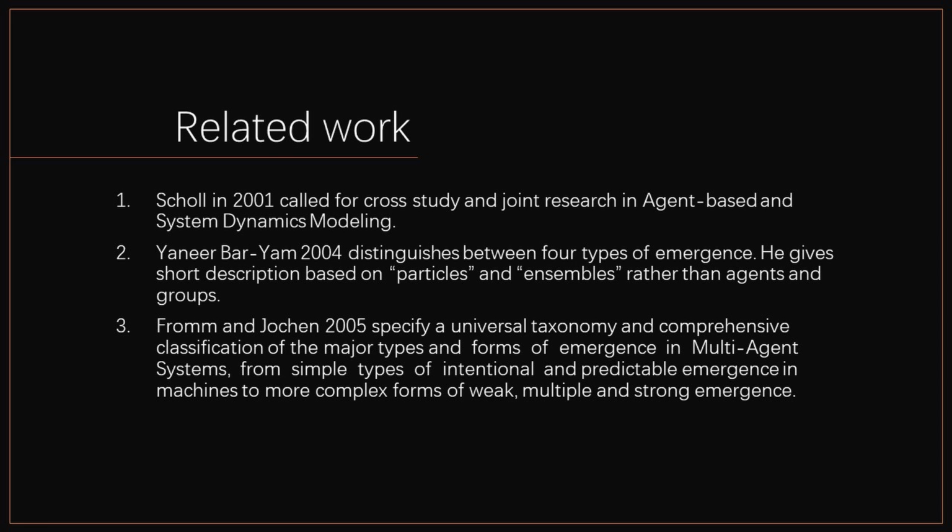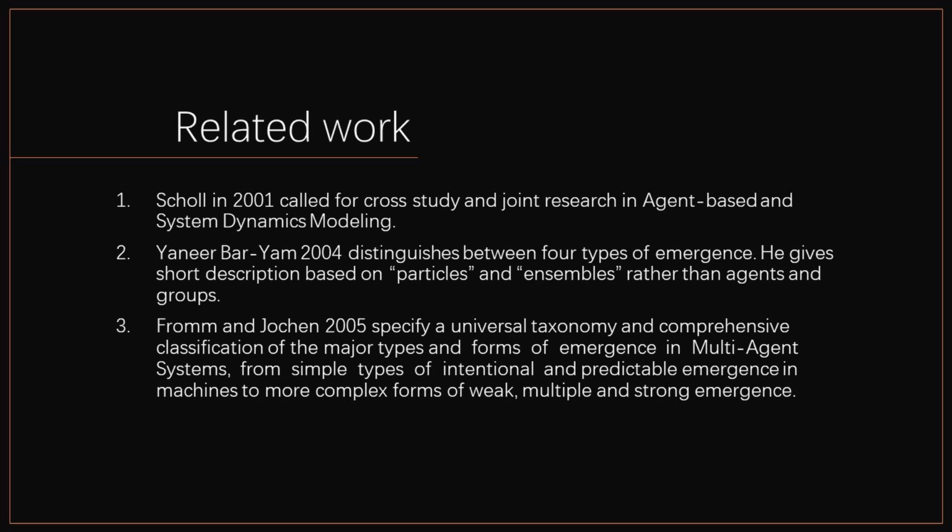SCORE in 2001 called for cross-study and joint research in agent-based and system dynamic modeling because the two disciplines almost entirely ignored each other's literature rather than benefiting from one another. Yaneer Bar-Yam in 2004 distinguishes between four types of emergence. He gives short descriptions based on particles and symbols, rather than agents and groups.